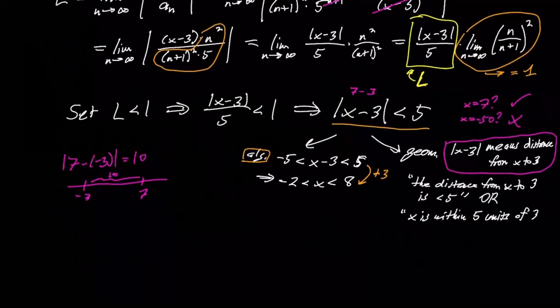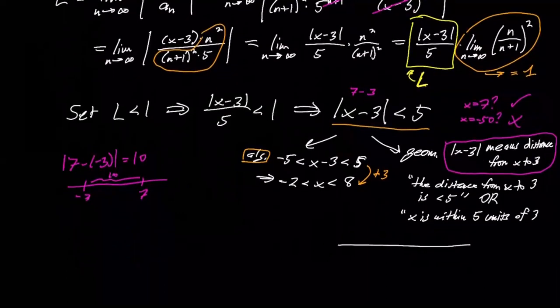And so you could draw a number line and say, well, we're within 5 units of the number 3. So 3 maybe is here. If I go 5 in this direction, I get to 8, and if I go 5 in this direction, I get to minus 2.